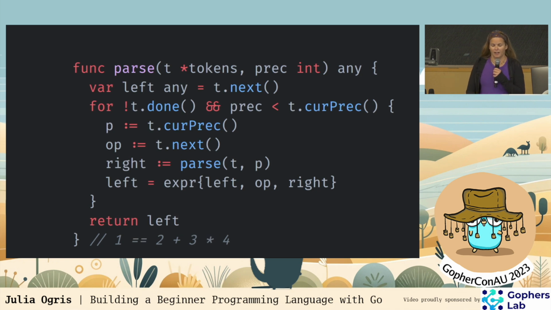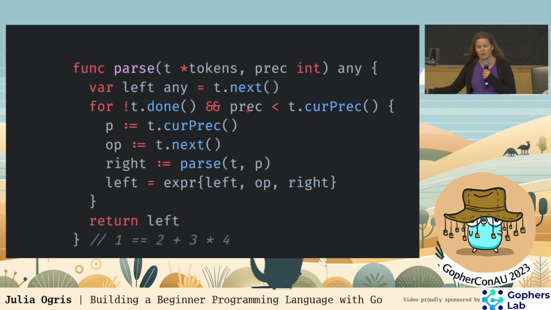On the other hand, take an expression where the operator precedence increases as you move from left to right, like 1 equals 2 plus 3 times 4. So 3 times 4 first, and then 2 plus, and finally 1 equals. In this case, we always have the current precedence being higher than the previous one.